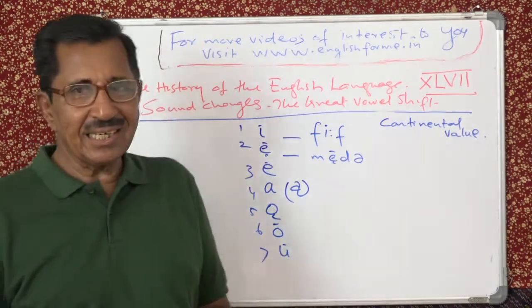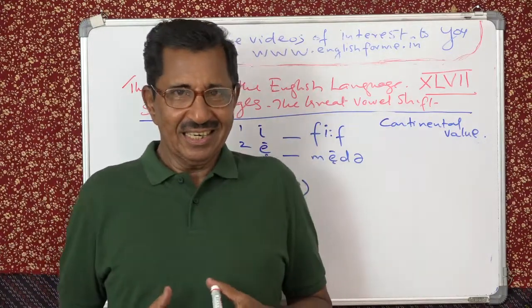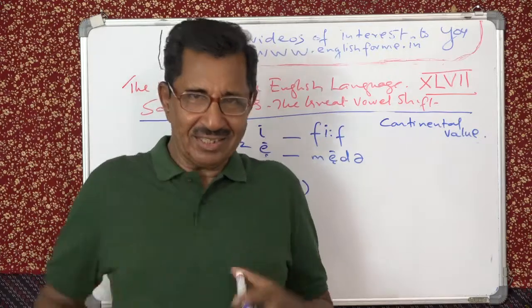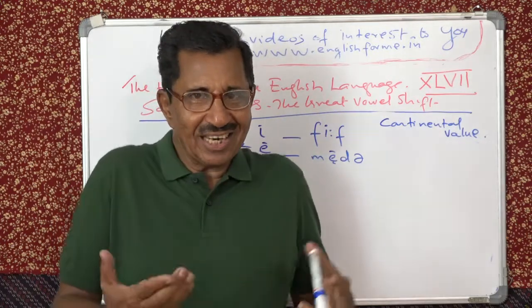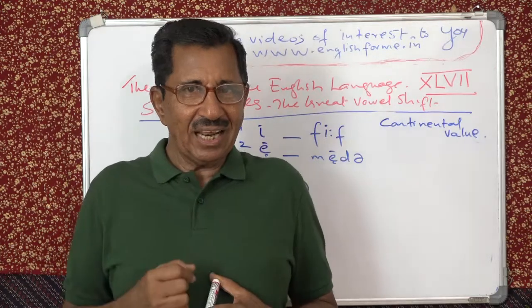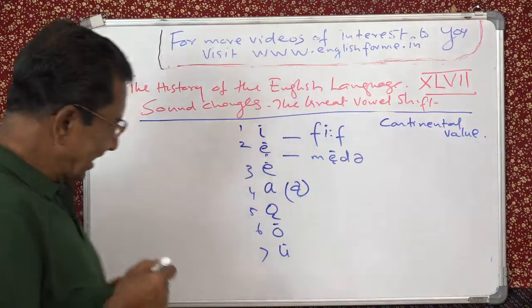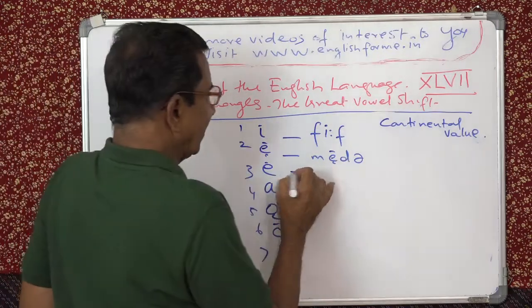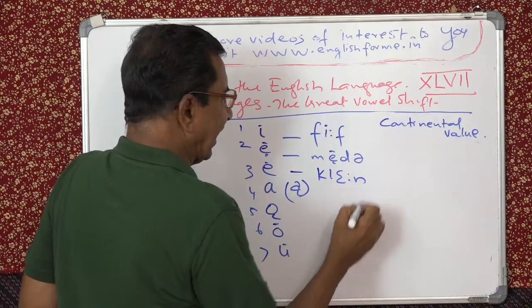Please don't think that my imitation is perfect. It is conditioned by my vocal organs. If you have better vocal organs, you can try this. And the third is pronounced as in clan.